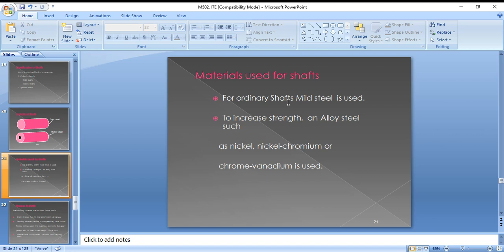Alloy steels can be nickel, nickel chromium, and chromium vanadium steels, which are used for high strength.